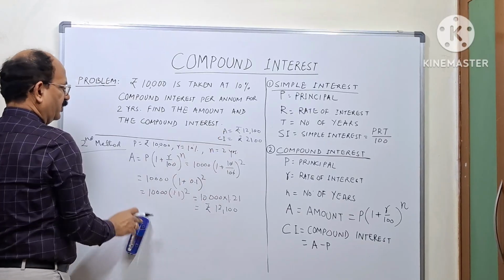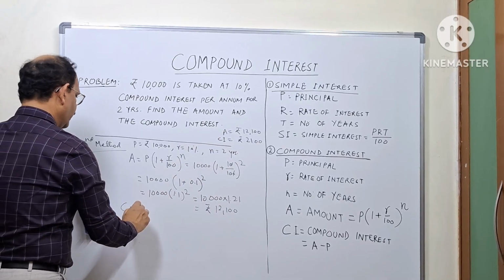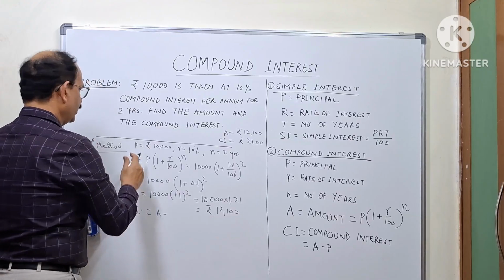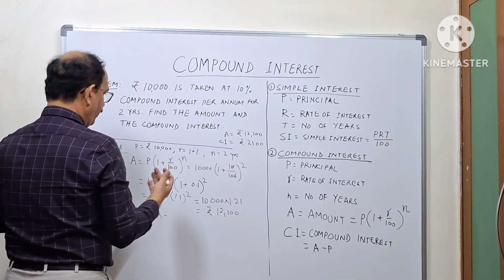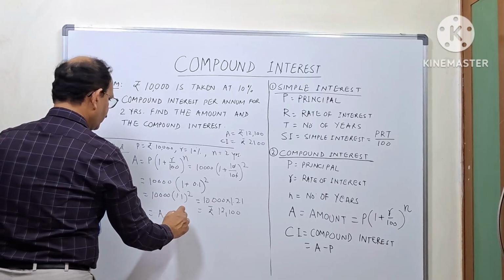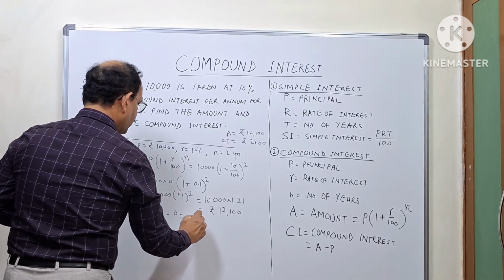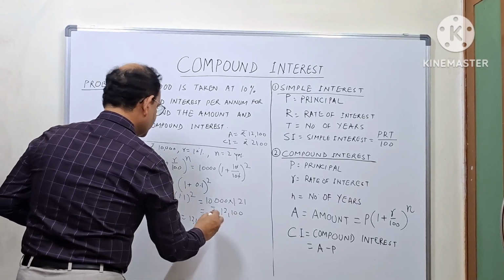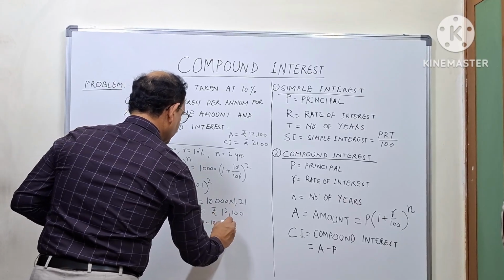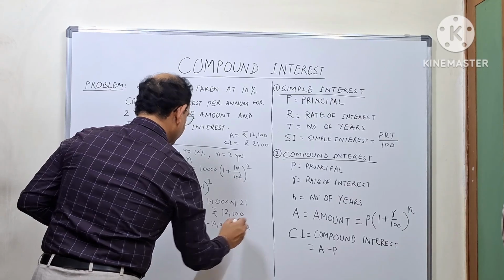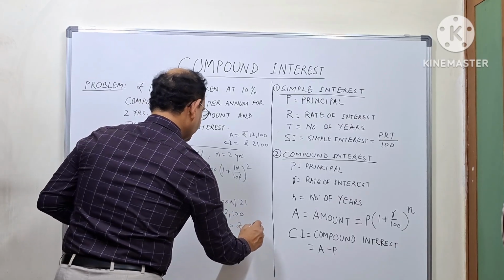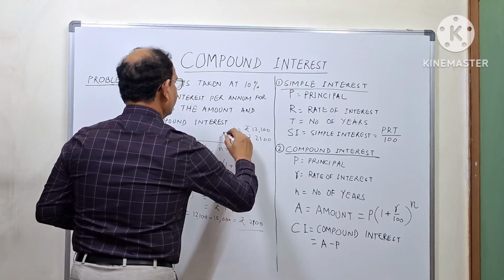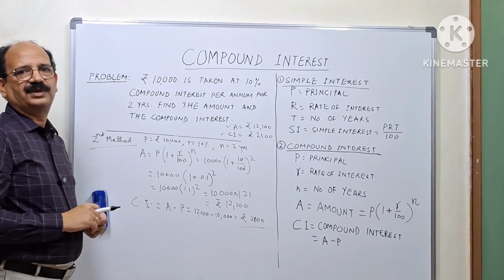Okay, the same amount you are getting, and therefore compound interest at the end of second year will be equal to the amount earned in 2 years when the compounding was happening minus the original principal, that is 12,100 minus original principal 10,000, and therefore the compound interest is equal to 2,100. Okay, which is the same which we had got in the first case, right?